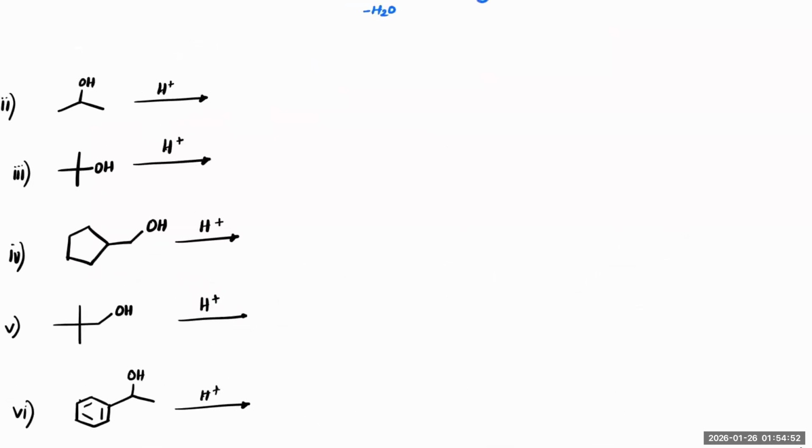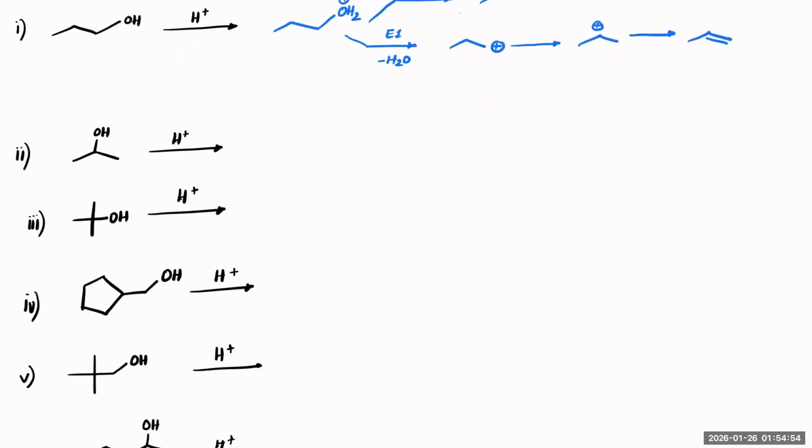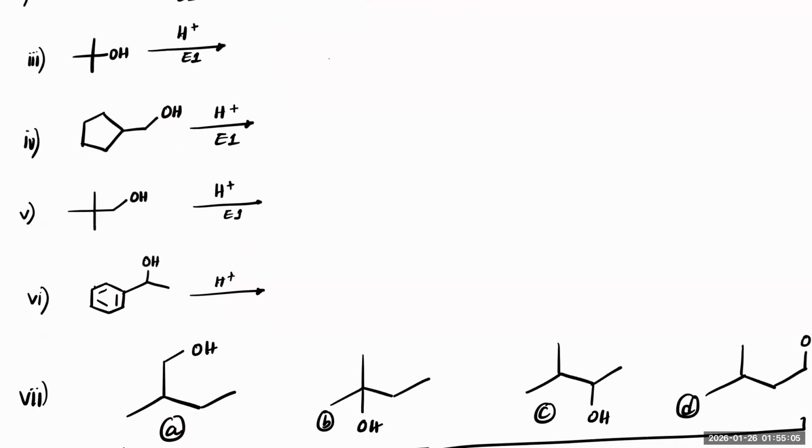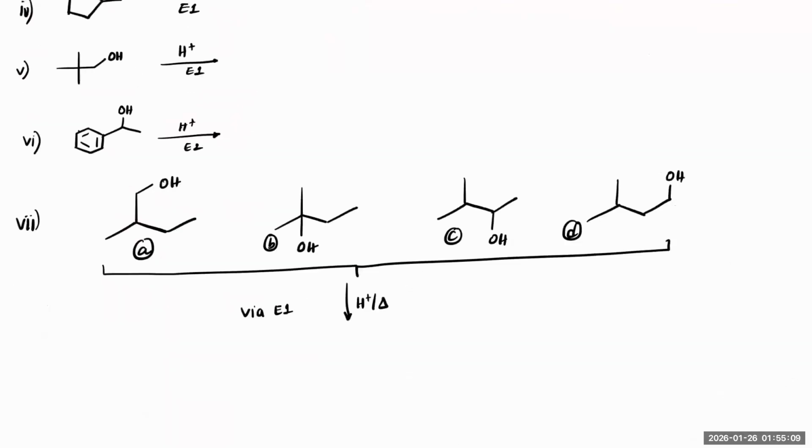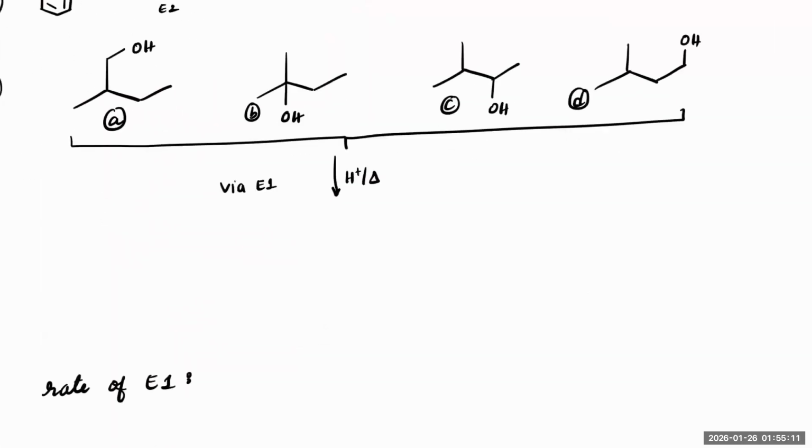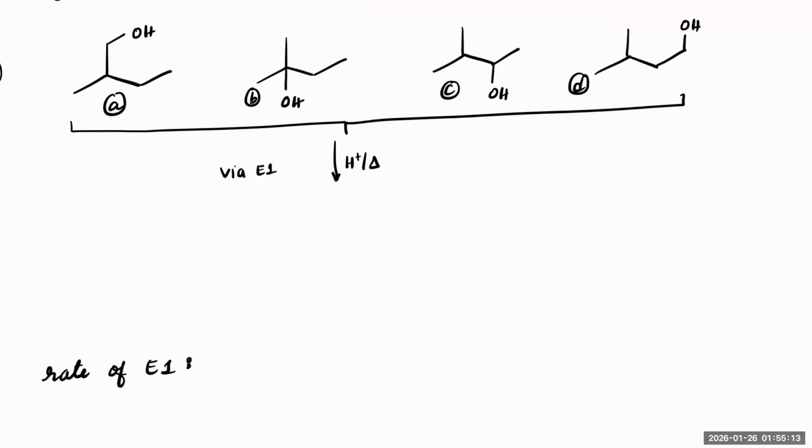Like this, I'll just put the wording here. So in what case, what to apply? So here, E2. Now apply E1. Apply E1. Apply E1. Apply E2. Got it? And see what is the product you are getting. Lastly, if you have A, B, C, D, they are all sufficiently bulky enough.